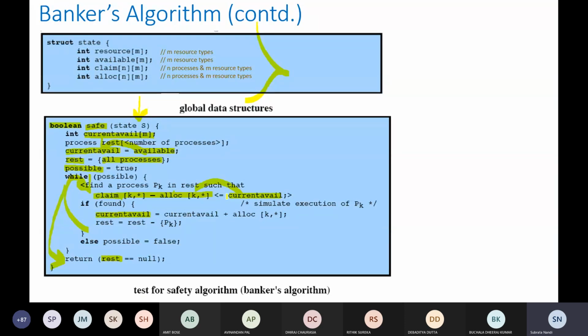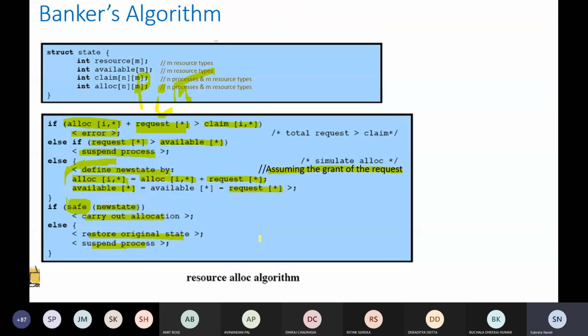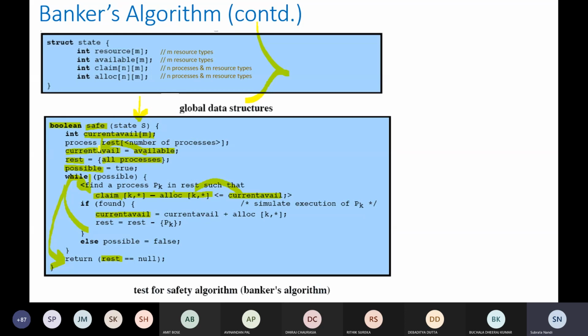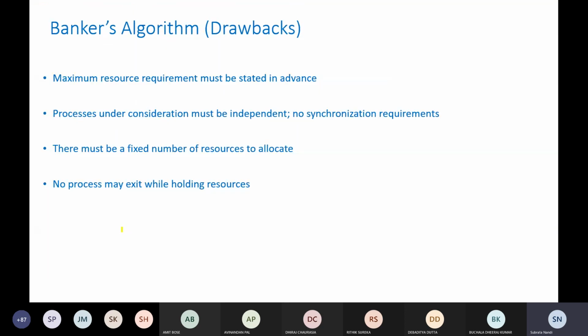One by one, the pk's are selected, they deposit their allocated resources to current avail, and they are removed from the rest set. So this is the first procedure which calls safe, and this is how safe executes and returns either true or false. Is that fine? That is what we discussed.